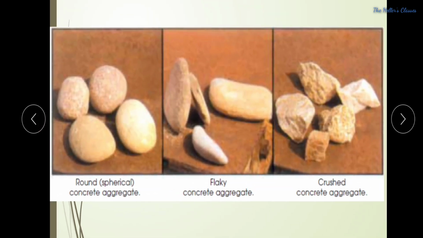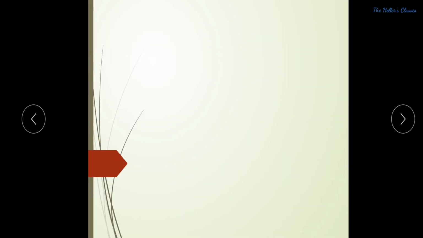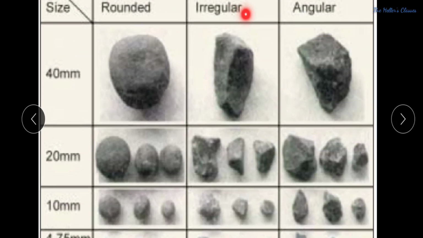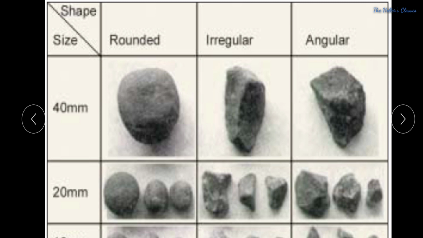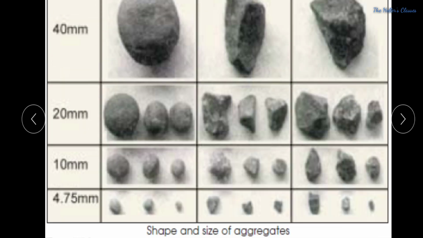In this figure you can get a basic idea of how the shapes are: rounded shape, flaky and crushed concrete aggregates. A rounded shape is not preferable and flaky is also not possible to make good concrete, and the only choice is crushed aggregates. Even in this figure you may get a basic idea about how the rocks look: rounded, irregular and angular.